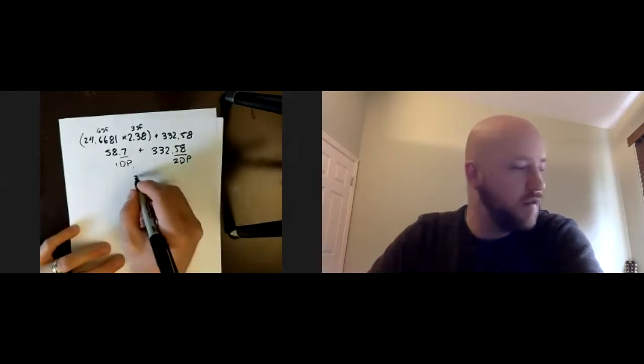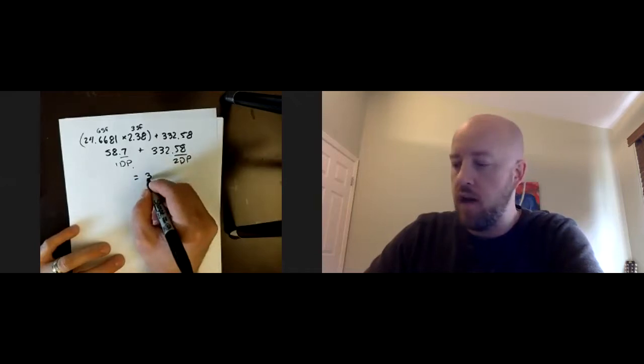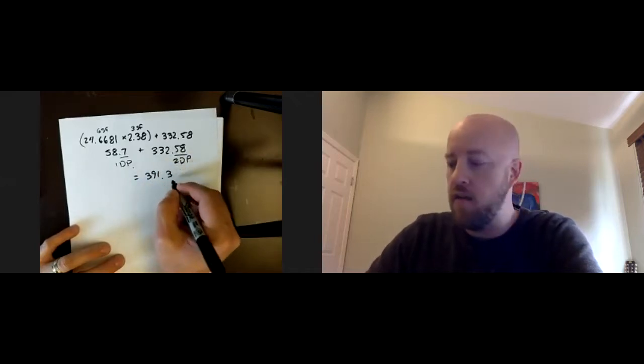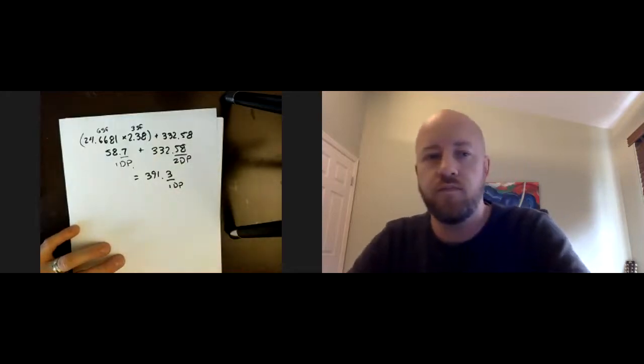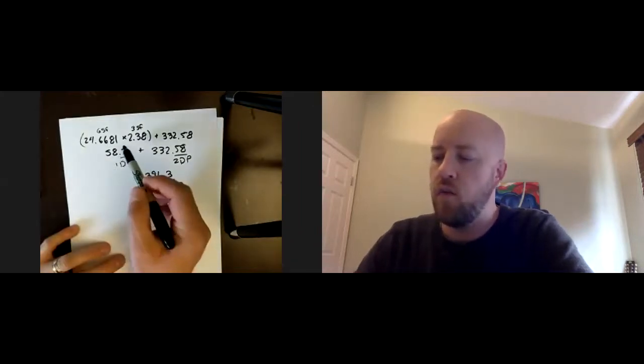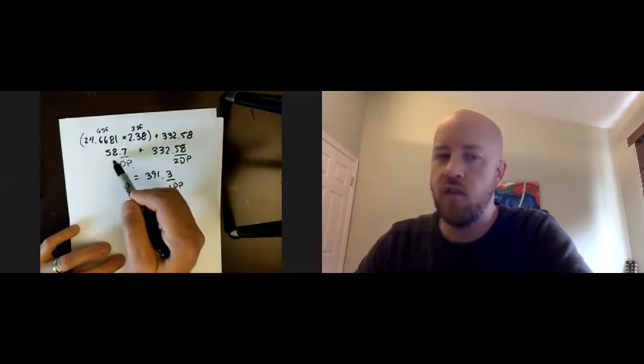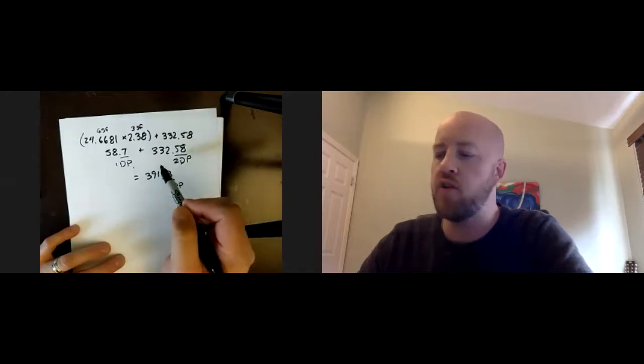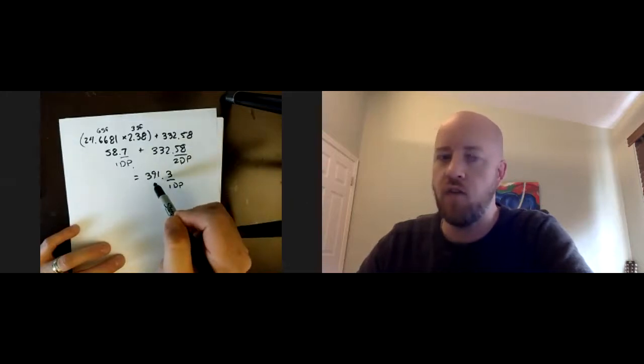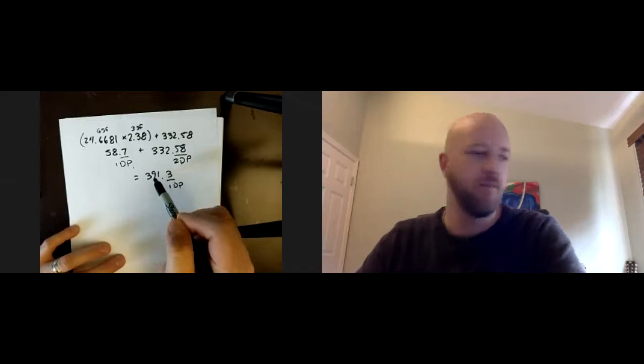And so I get 391.3 as my 1 decimal place answer. So when you do an operation, we want to apply our significant figures rule to that operation, and then do the next operation, and apply the significant figure rule to that operation.